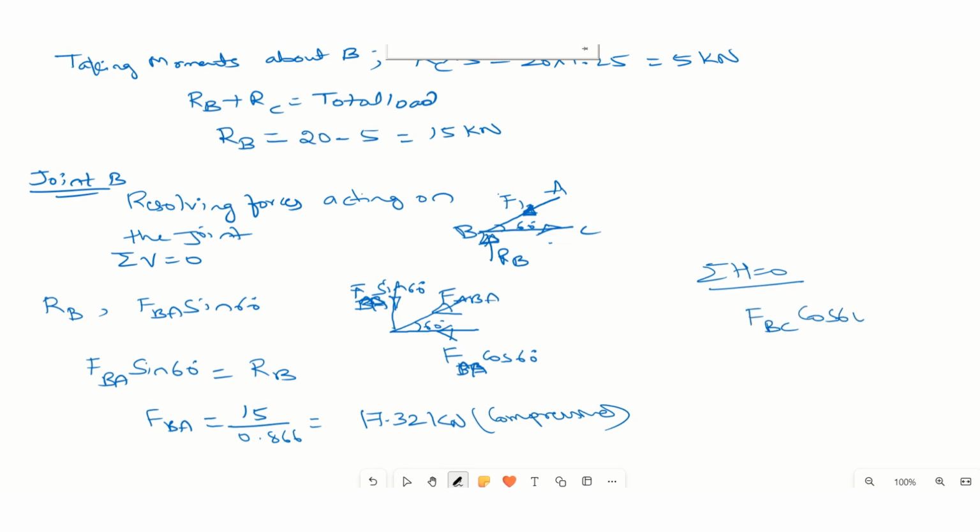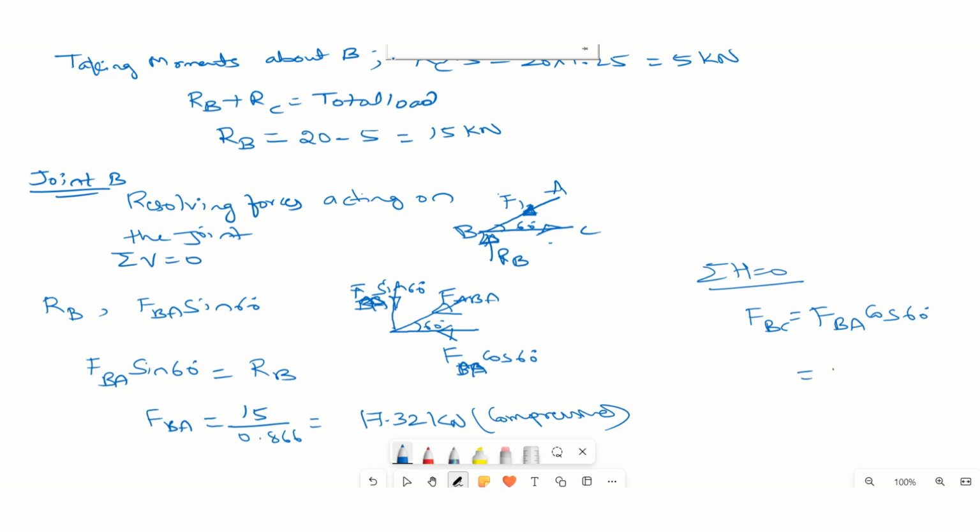There is no other horizontal force here, so FBC equals FBA cos 60.